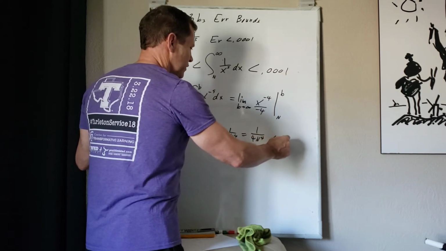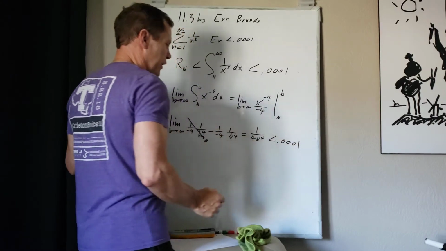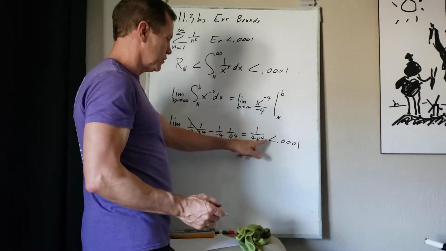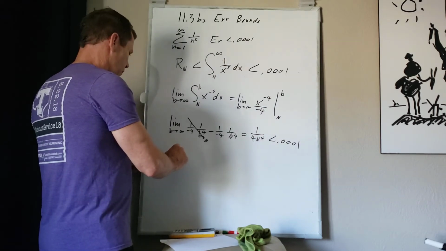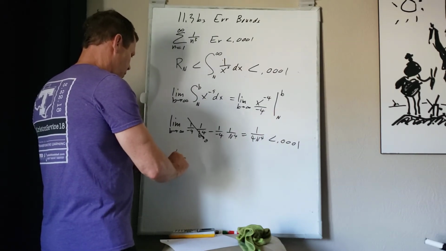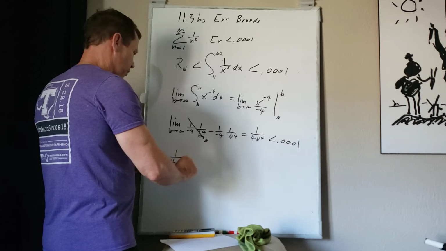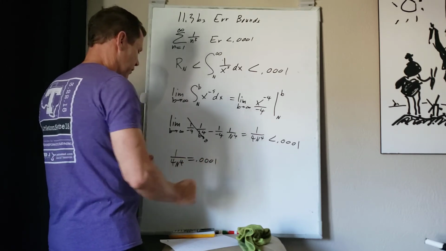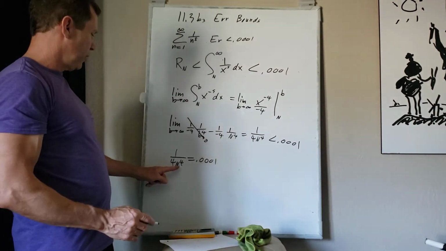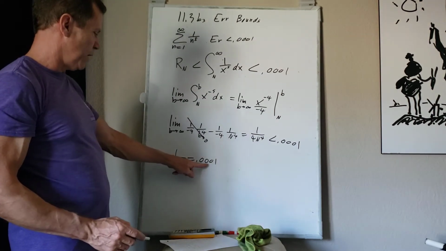Now the bigger N gets, the smaller this gets, so I'm just going to solve an equation first. So I've got 1 over 4 N to the fourth, set that equal to 0.0001. Okay, I'm going to multiply both sides by N to the fourth and divide by this quantity.